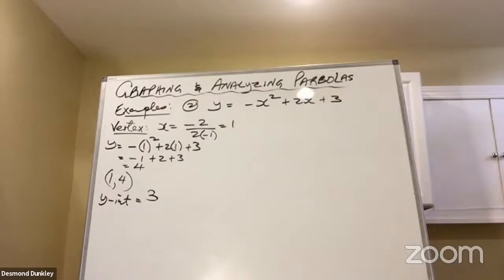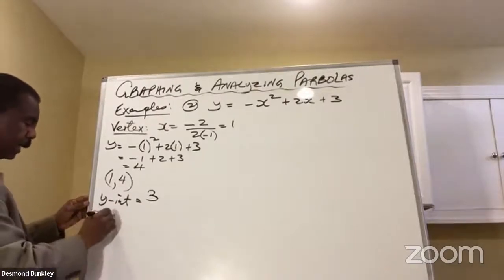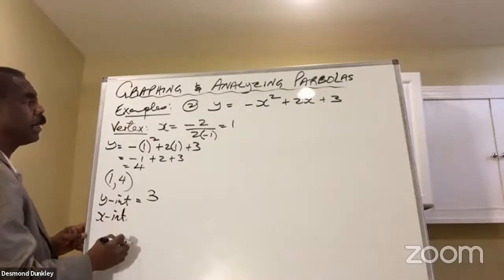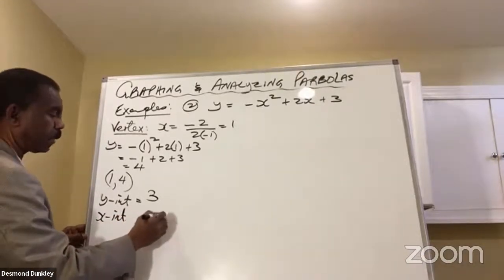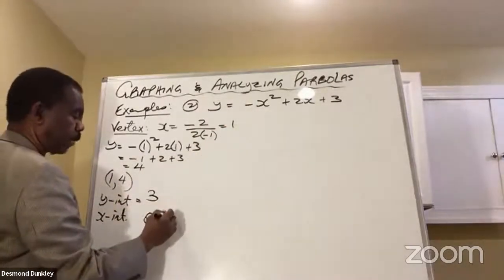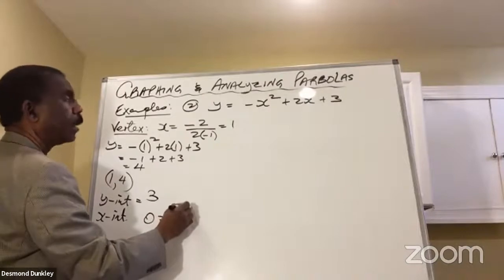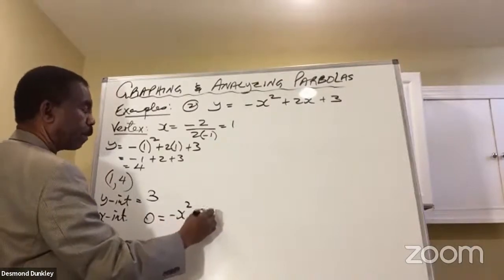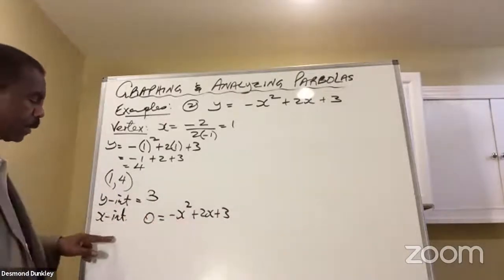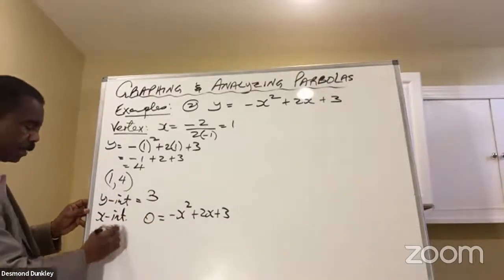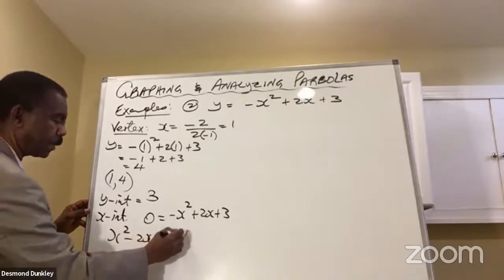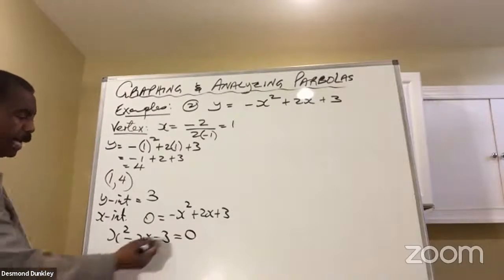What about the x-intercept? X-intercept, if it exists, or if they exist, we'll end up with 0 equal to, for the x-intercepts, y must be 0. So 0 equal to negative x squared plus 2x plus 3. To solve this, I'm going to bring everything over to this side. We have x squared minus 2x minus 3 equal to 0. And now I can factorize.